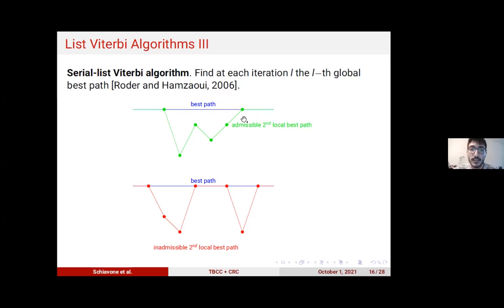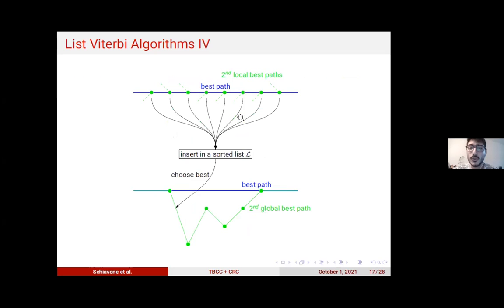What we need to do is find all the possible local best paths at each trellis section of our best path, sort the entire list and choose the best. Now, depending on how we manage this list, we have different serial list Viterbi algorithms.